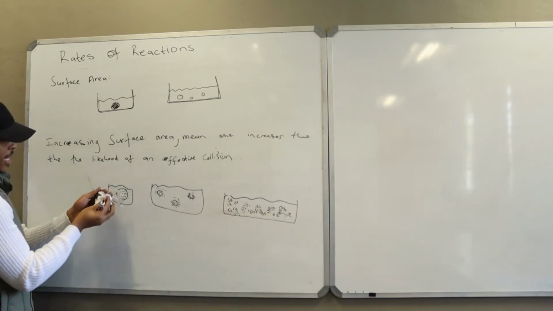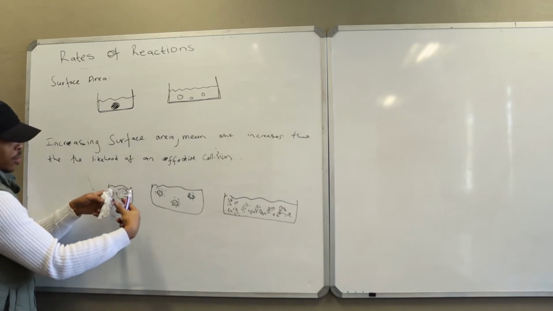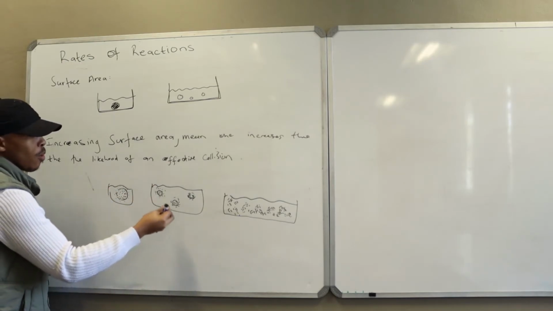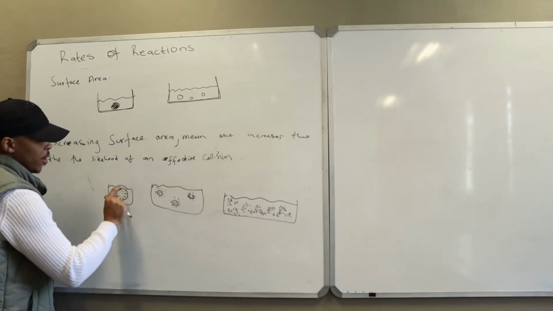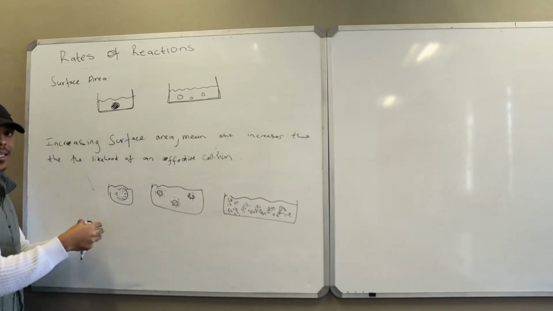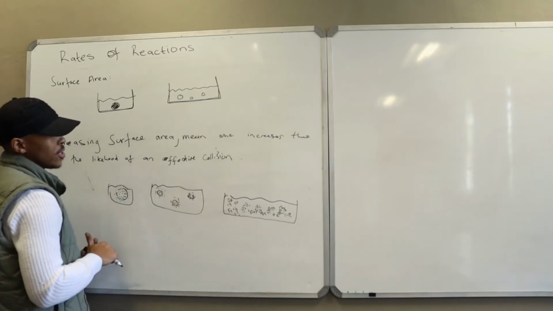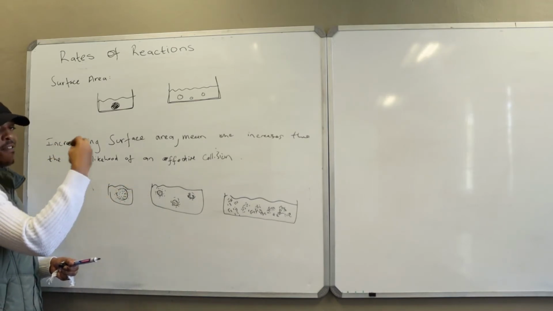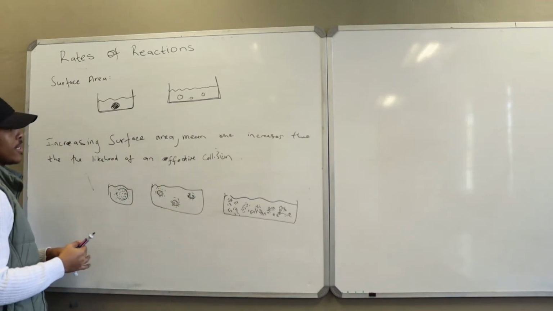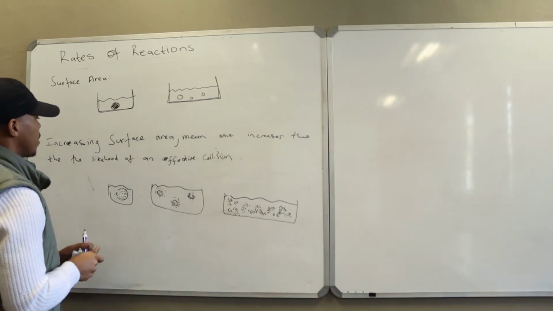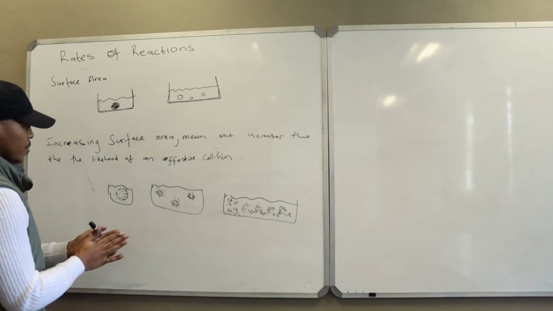Because you are taking solid, you're breaking it up into pieces, meaning that you allow for more of the particles of the solid and the particles of the liquid to interact. That means you increase the collisions. That means if you increase the collisions, you increase the amount of potential effective collisions, right? Excuse me. You increase the amount of effective collisions.